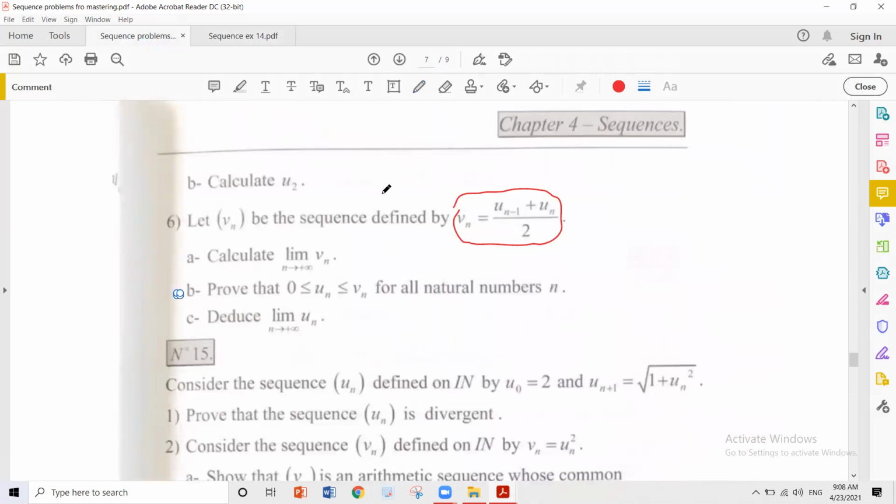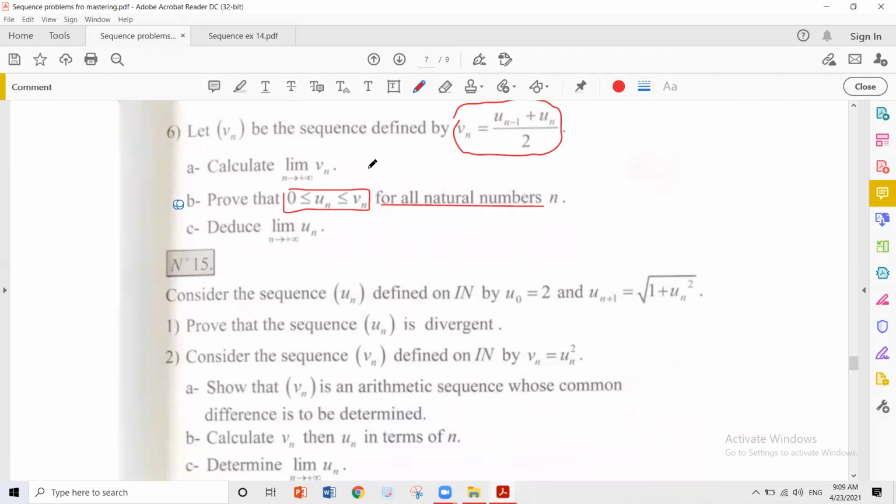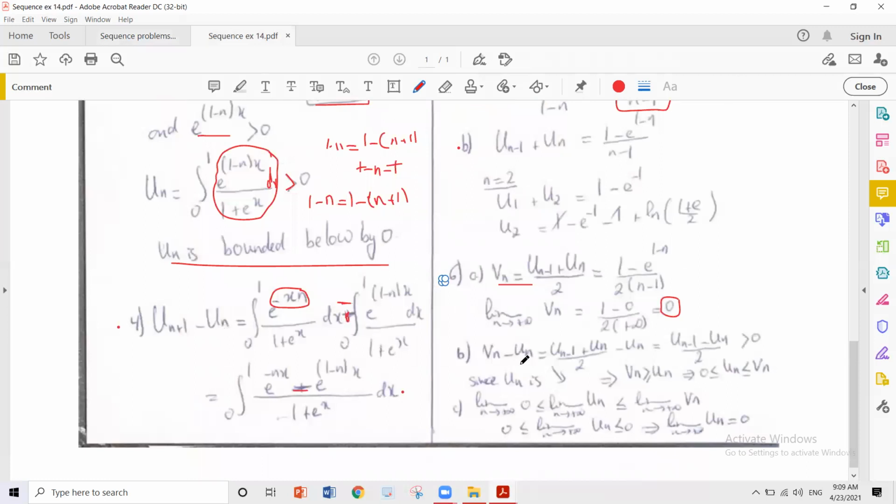Part B. Prove that un is less than Vn for all natural numbers. We know un is positive. We need to prove that un is less than Vn. To prove it, I take the difference Vn minus un.